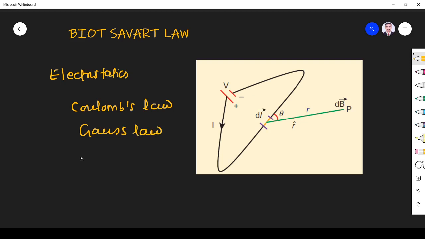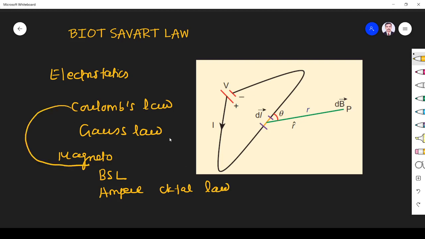Similarly, magnetostatics is governed by two laws: one is Biot-Savart law, and the second one is Ampere's circuital law. There is a one-to-one correspondence between Coulomb's law and Biot-Savart law, and between Ampere's circuital law and Gauss law. We will see all these things later.